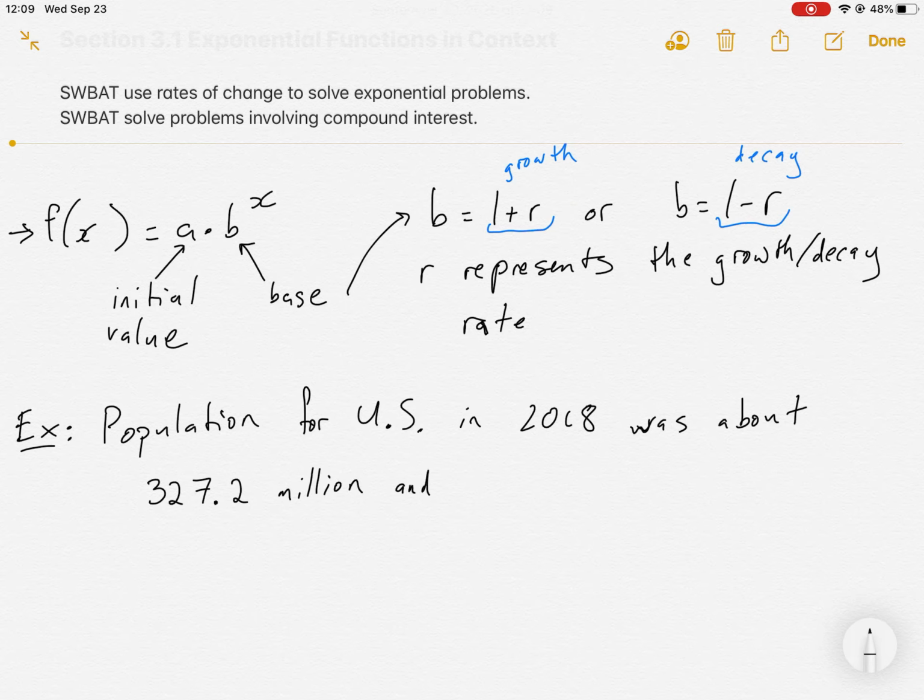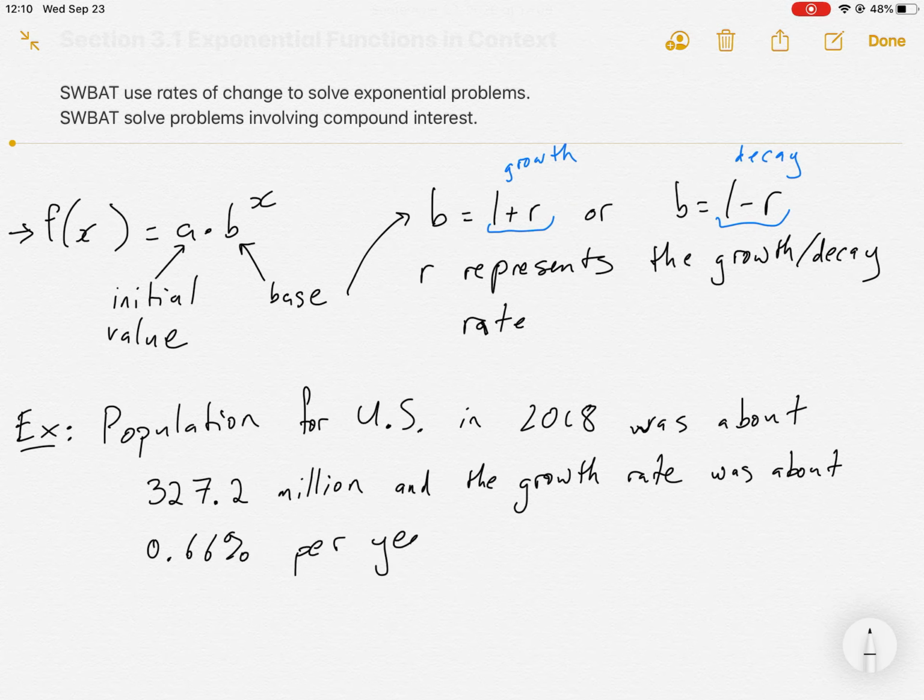And the growth rate, this is a little bit harder to find, but the average growth rate for about the past decade was about 0.66% per year.